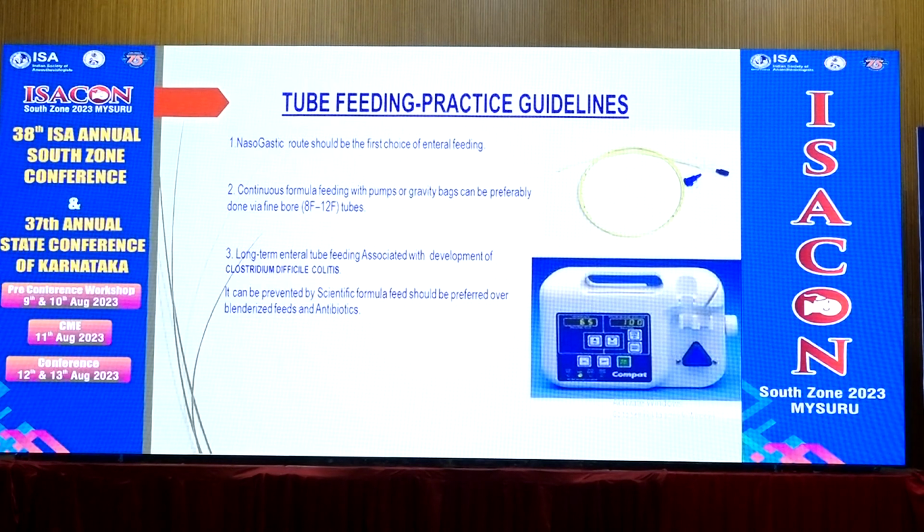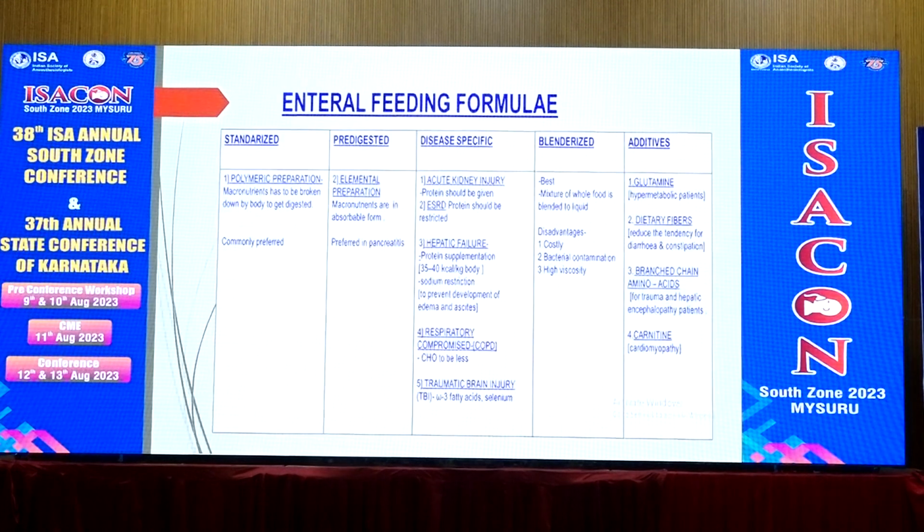Long-term enteral tube feeding is associated with development of Clostridium colitis, so it can be prevented by systemic formula feeds, which should also be preferred over blenderized feeds and antibiotics. Enteral feeding formula can be standardized, pre-digested, disease-specific, blenderized, and with additives. Additives like glutamine, dietary fiber, and branched chain amino acids have their own advantages.